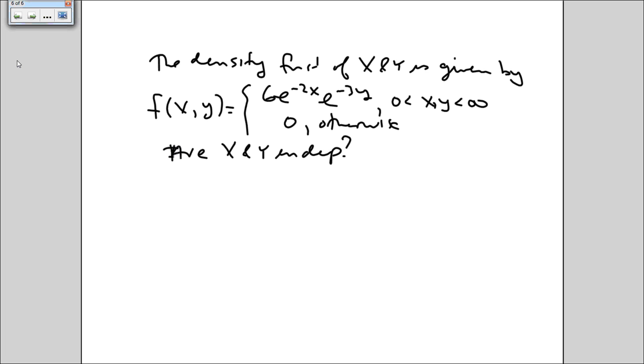Now, there is this theorem that will eat through this problem.